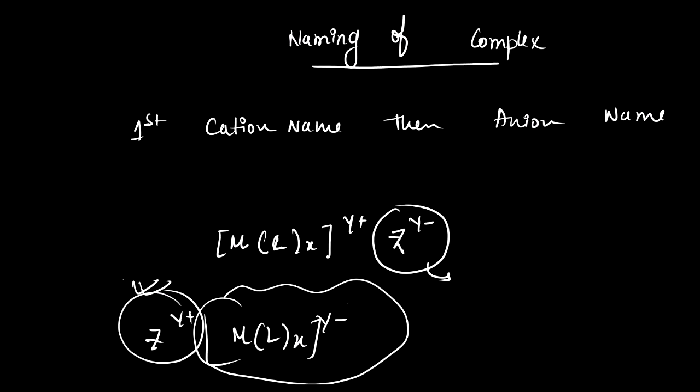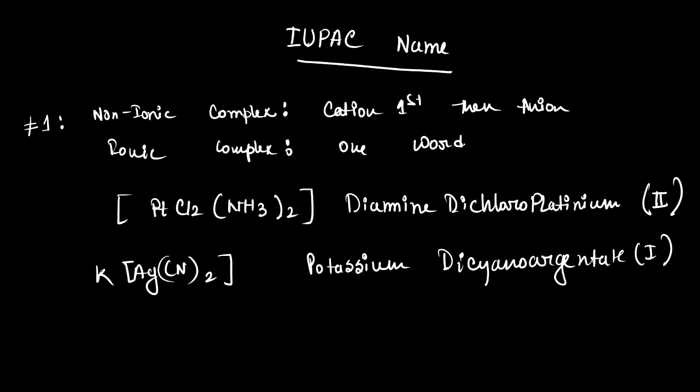In writing the name of the complex, we have to follow the cationic and anionic complex separately. For cationic and anionic complex, let's see what we have to follow. If the complex is non-ionic, like platinum, then the cation name comes first, then the anion.